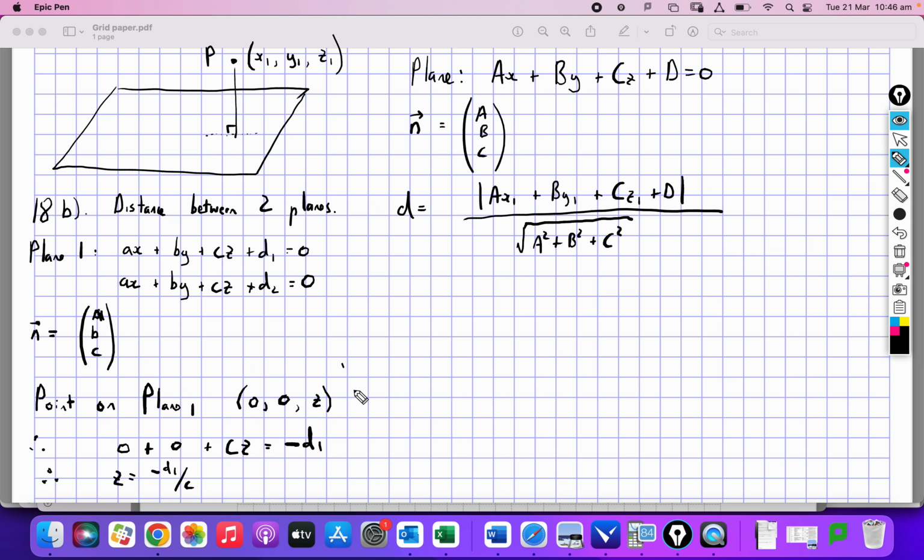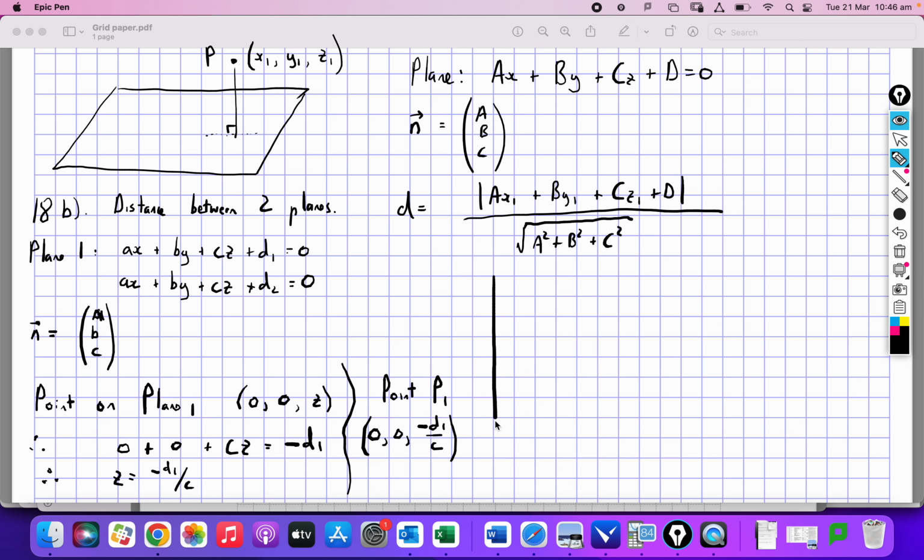All of this means that the point on P1, that's plane 1, is 0, 0, minus d1 on c. Okay, just draw a line here.